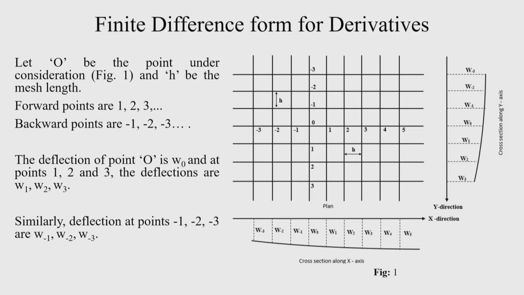One can choose unequal mesh size also. Okay. Now, here you can see the deflected surface: if you see a section along the x direction, you will see this is the deflected surface. Similarly, if you see the deflected surface along the y direction, you will see this is the deflected surface.